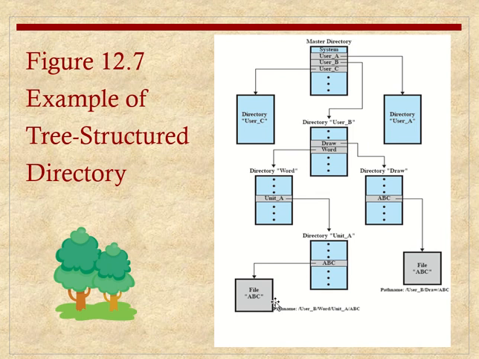We can see that for file ABC, the path name is: from the master directory, it is under user B, and then the directory is Word, under directory Word is unit A, and under unit A is ABC.